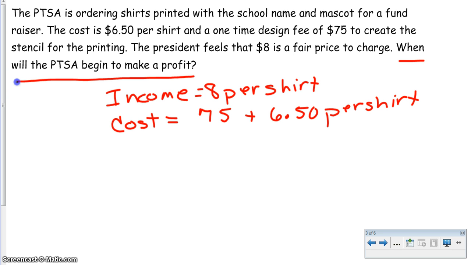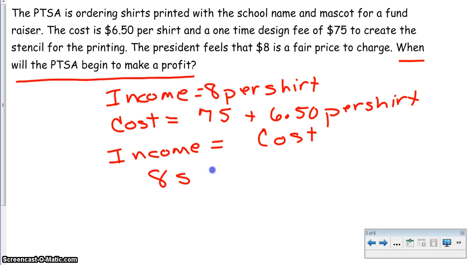Later, in another unit, we're going to talk about how to do a systems of inequalities. But for right now, let's just talk about the break-even point. The break-even point will be when what? The income is equal to the cost. So let's go ahead and set these equal to each other. Income will equal cost. Income is 8 times the number of shirts.